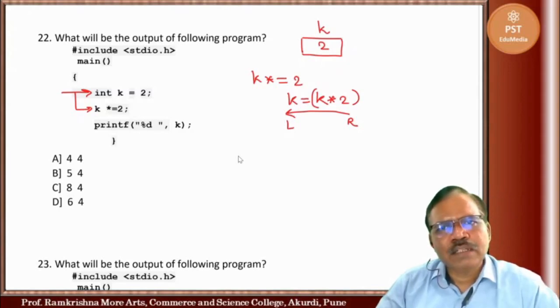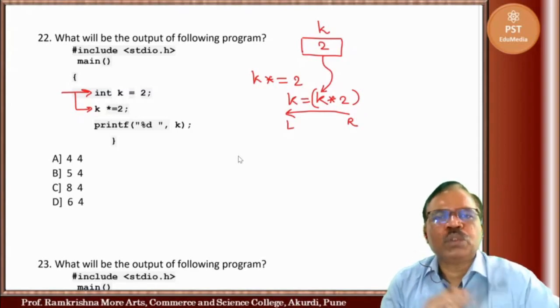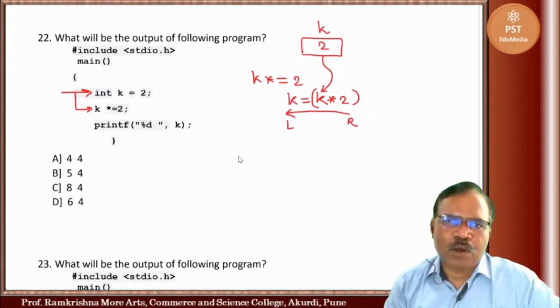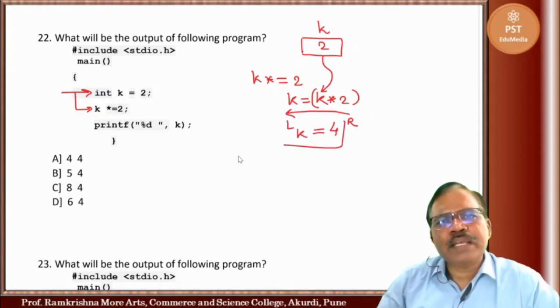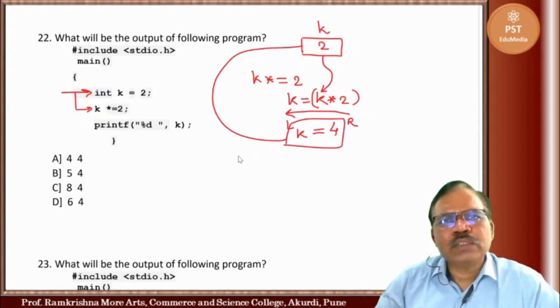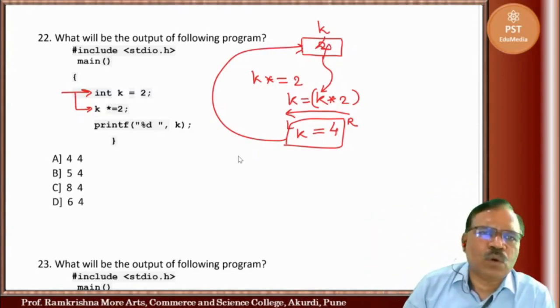So first this one is evaluated and then assigned. The value of k, that is 2, comes here, and 2 into 2 is performed, so 4. Then it is assigned to k, so k becomes 4 and it is stored at the memory location. 2 will go and 4 will be stored.